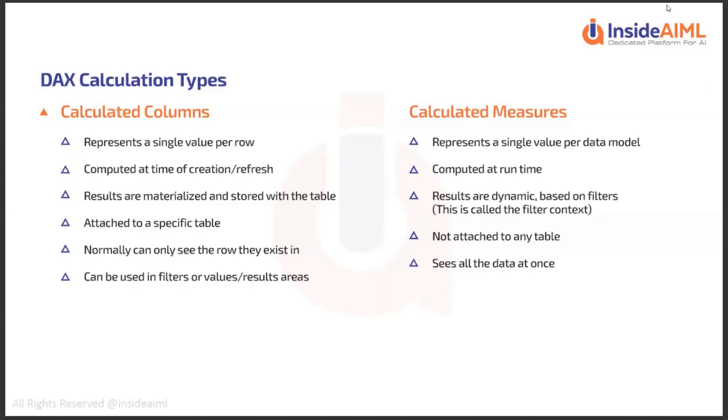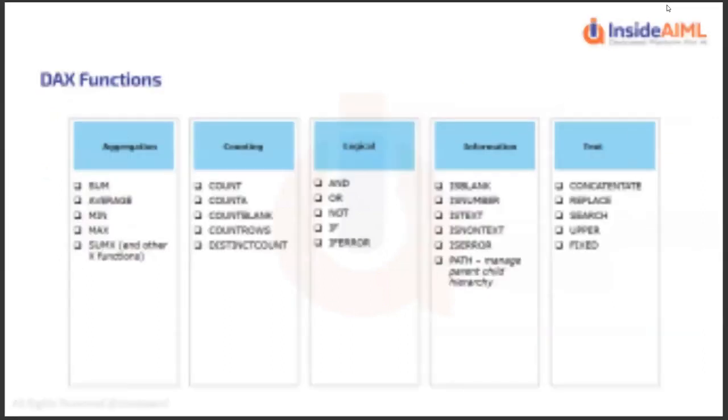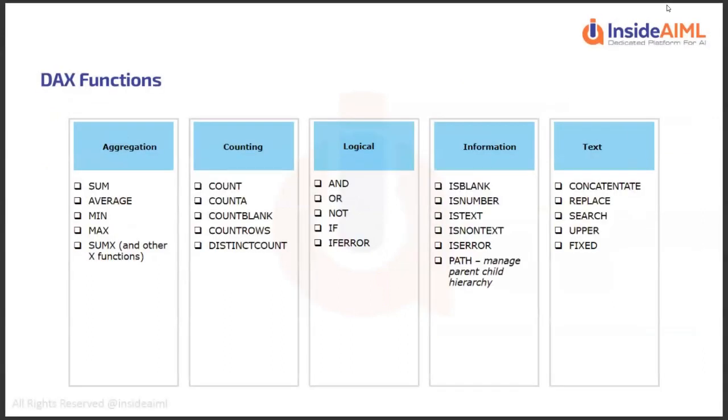Now these are a few DAX functions. Aggregation: we have sum, average, minimum, maximum, sumx, averagex, minx, maxx. We'll talk about them. Then we have counting: count, counta, countblank, countrows, distinct count.